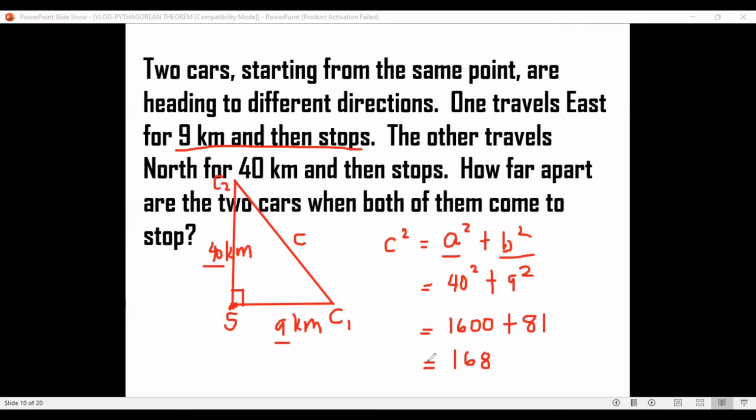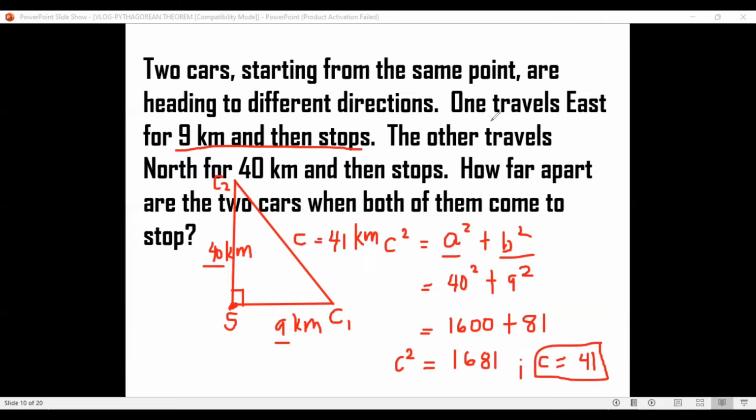And if you are going to extract the square root, so again, this is your C squared, but what we want is the value of C. Therefore, we need to extract the square root of 1,681, and the answer that we are getting is 41. So we have now the direct distance between the two cars is equivalent to 41. And do not forget the importance of the unit of measure which is involved, and that is kilometers. Okay, so that is the answer for our first problem.